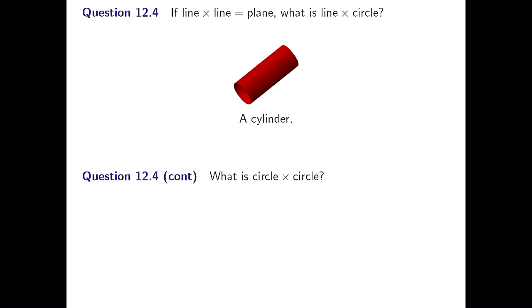What would we get if we crossed a circle with a circle then? It's really tempting to say a sphere, but I don't think that's the best answer here. It does depend how you set things up.